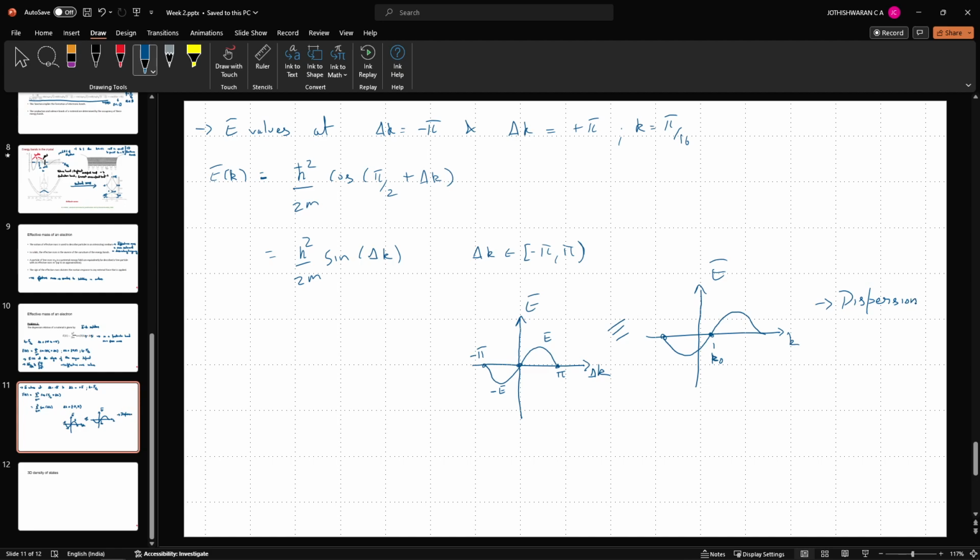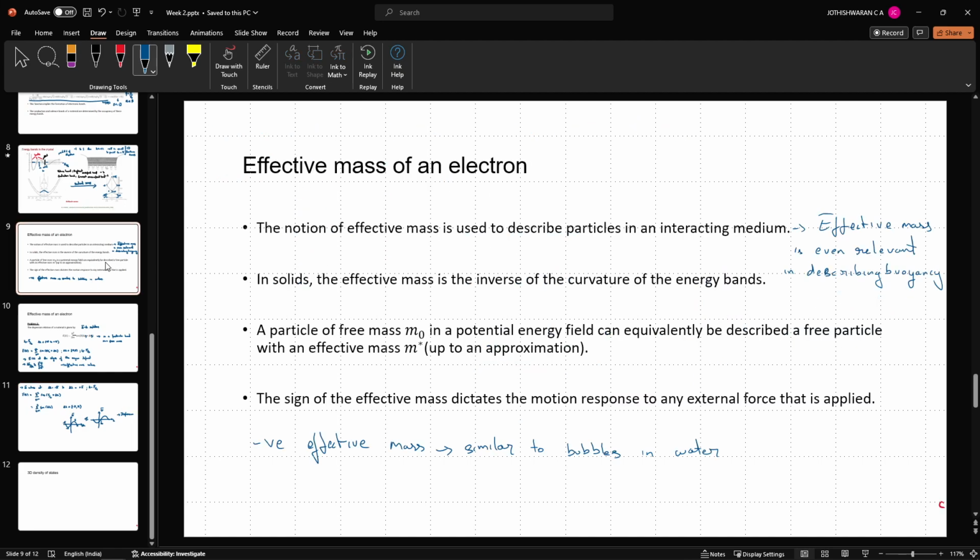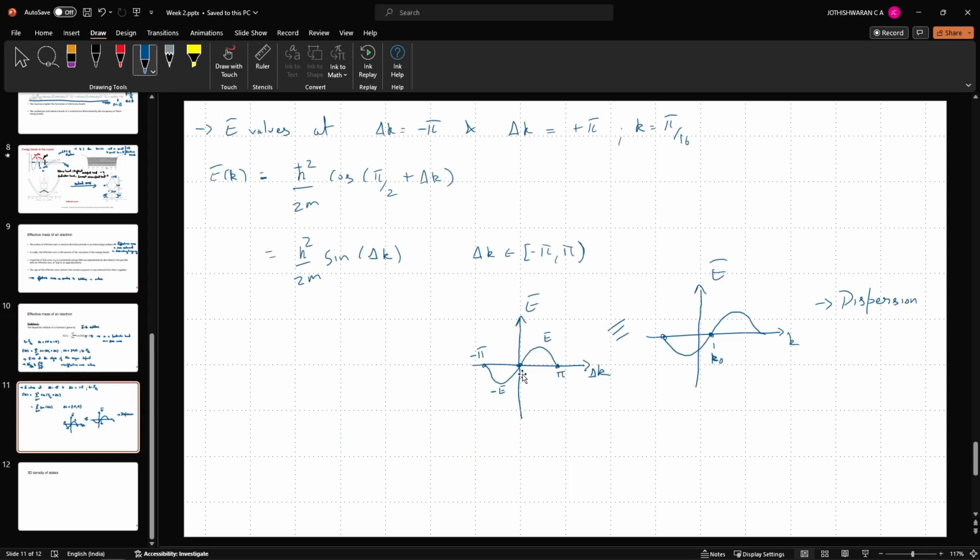Now, what is the first thing we know? We knew the notion of effective mass. In solids, the effective mass is the inverse of the curvature of the energy bands. So in this toy example, which has next to no meaning, the curvature of this E-k line is going to give us the effective mass. What does that mean?